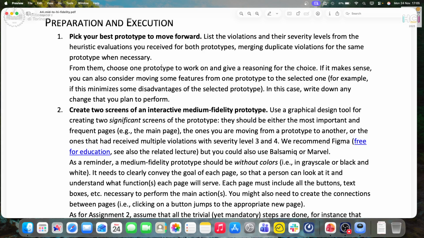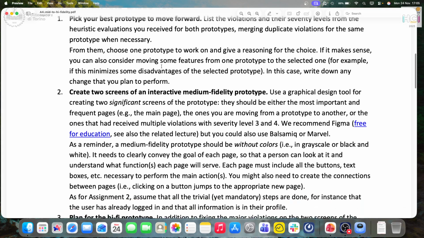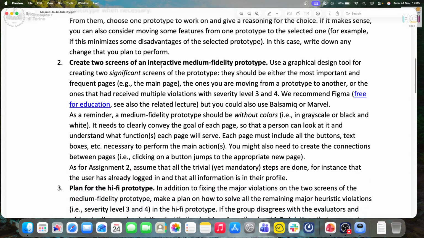That's why we asked you to choose different prototypes also. And if you decide to move, just take note of which feature you're moving and why. At that point, once you decided, we move on with prototype A, and we move feature 3 from prototype B to prototype A, because reasons.